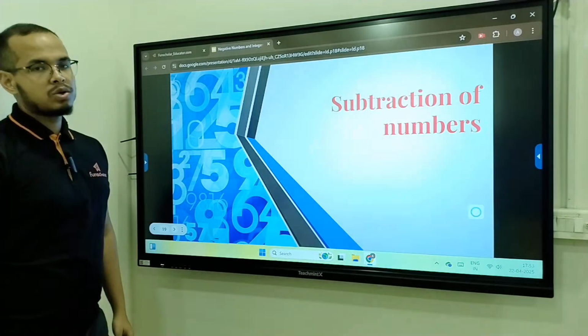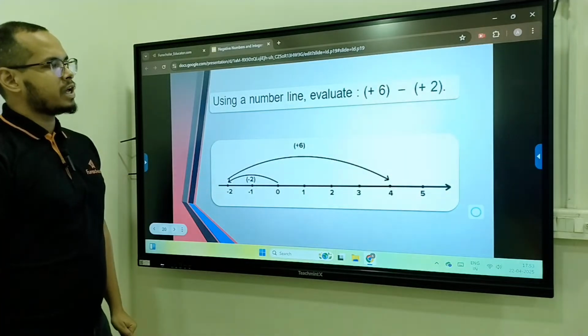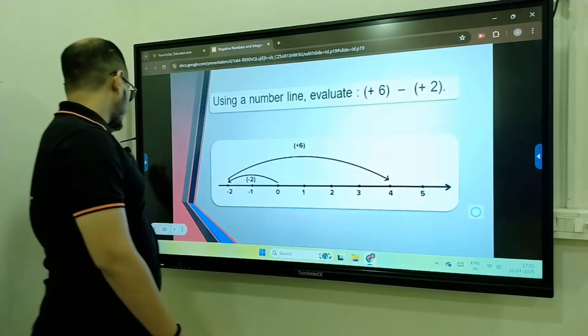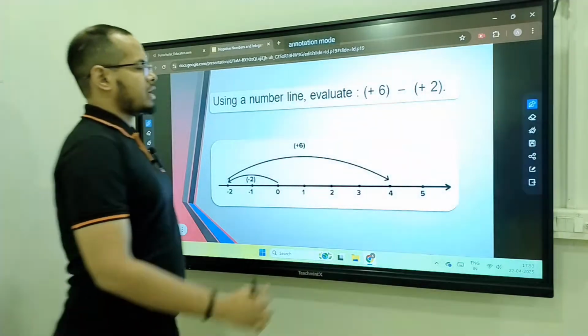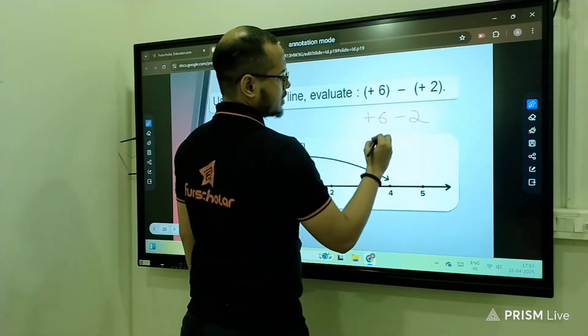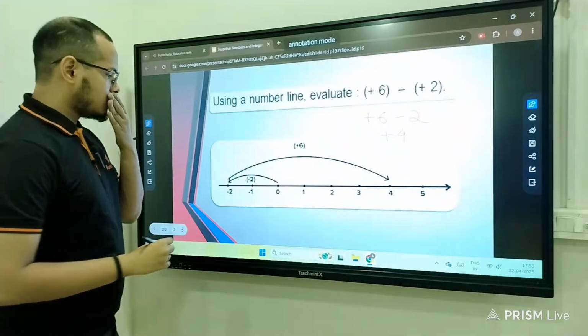Let's move forward to subtraction of numbers. Now, using a number line, evaluate plus 6 minus plus 2. First thing we have to do is plus 6 minus 2 will give us plus 4. Now, let's do this.